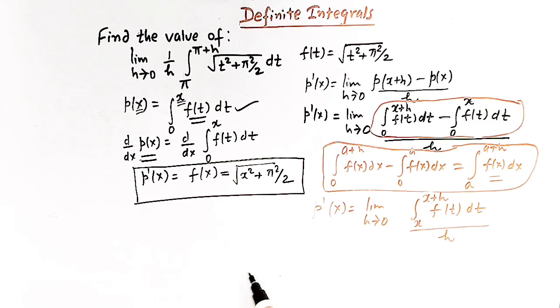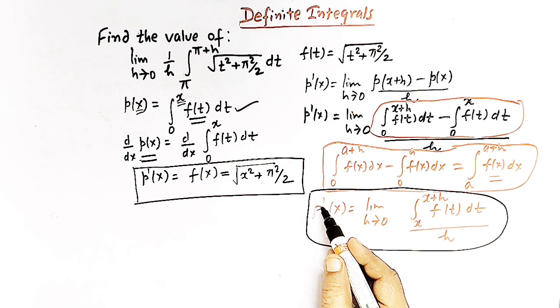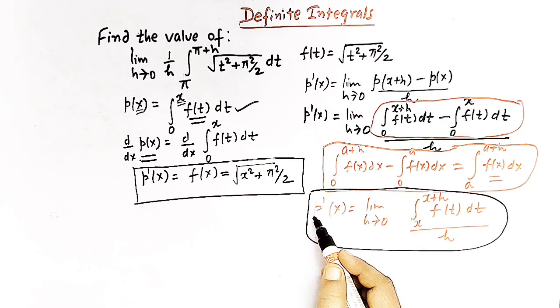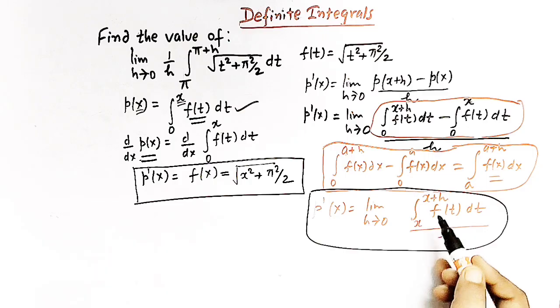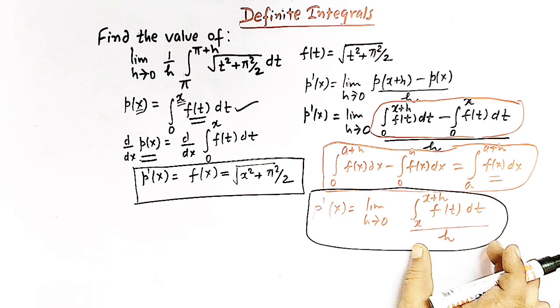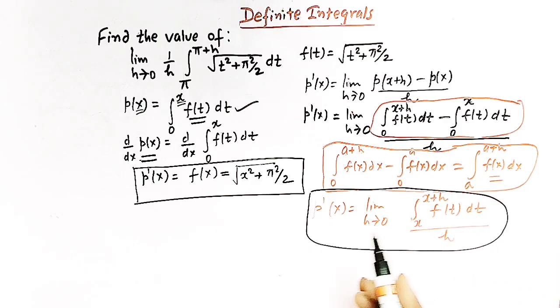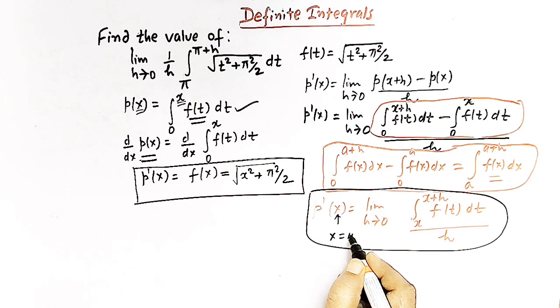So now we have arrived at an important expression, that is the derivative of p of x, that is p prime of x, is given by this limit, limit h tends to 0, integral x to x plus h f of t dt divided by h, right? Now let us replace this x by pi.